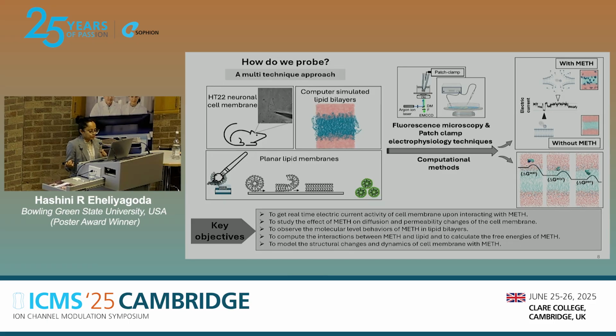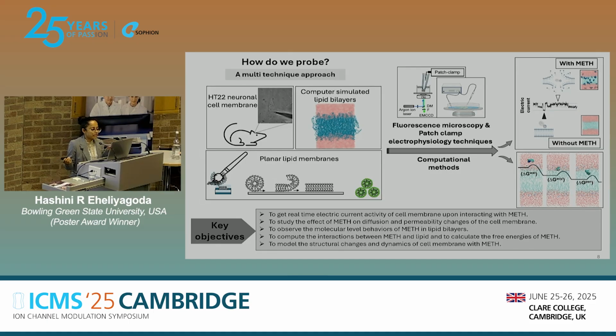This summarizes the experimental strategy and the multi-technique approach of this study. The first question is how we can get the cell membrane. We can get the natural cell membrane by using a cell line, or we can synthesize the cell membrane as planar lipid membranes, and we can also computationally model the cell membrane.